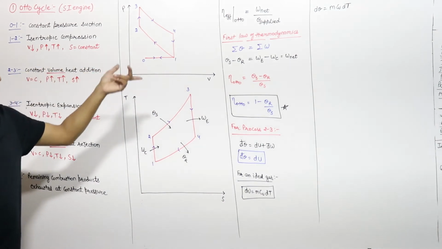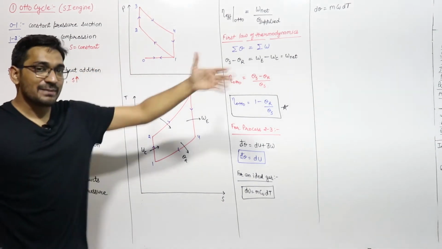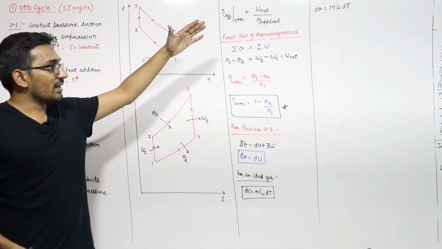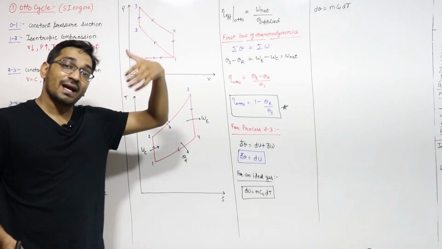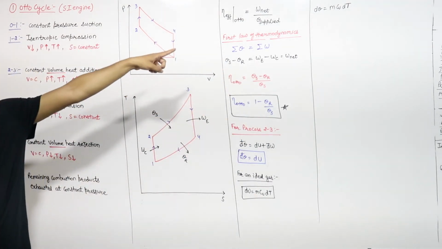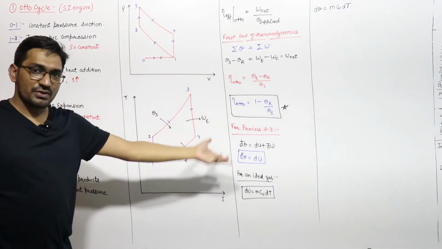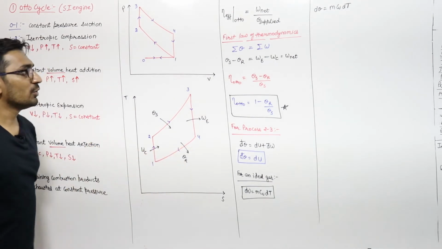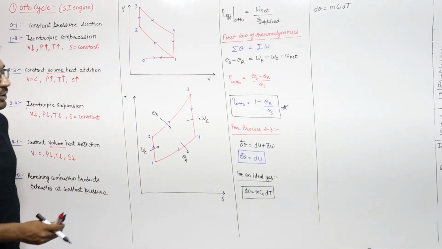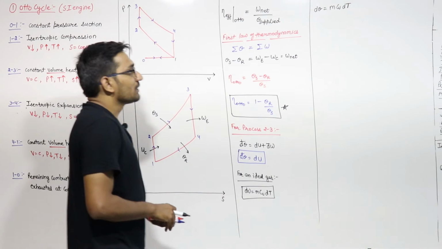One, for an ideal gas for any process. Second, for a constant volume process for any substance. We know that from thermodynamics. Here we have both, constant volume and ideal gas, so we can use dQ is equal to mCv dT.